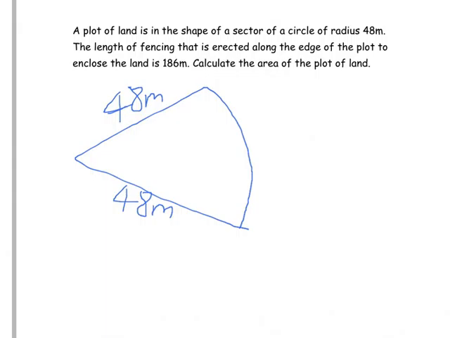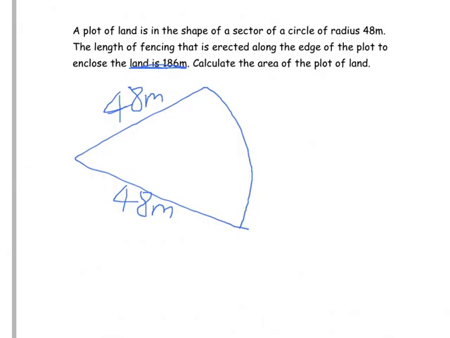Now there's one other key bit of information that we're told in the question, which is the fact that the entire fencing around the plot adds up to 186 metres. So we need to find the area.